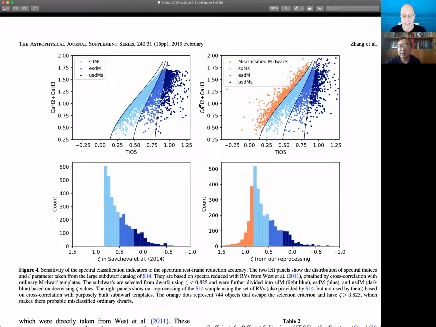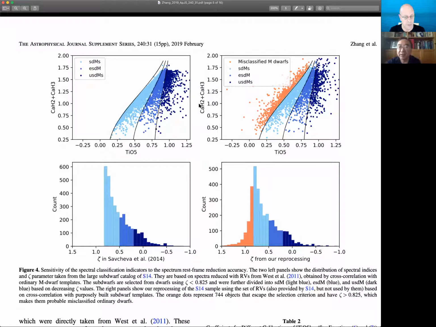And we checked using LAMOST data and revised these criteria, using the same equation but with changed coefficients. Right, so you pick up a whole bunch with zeta around 1.